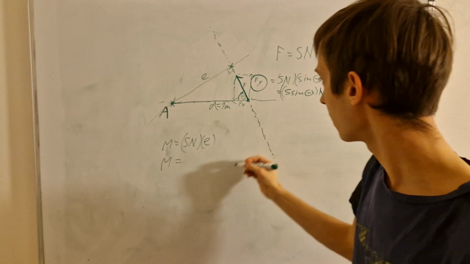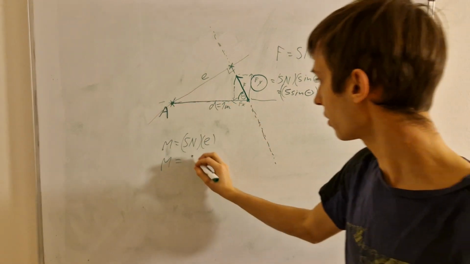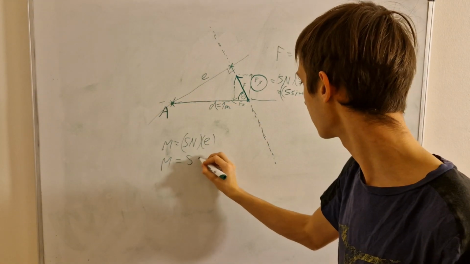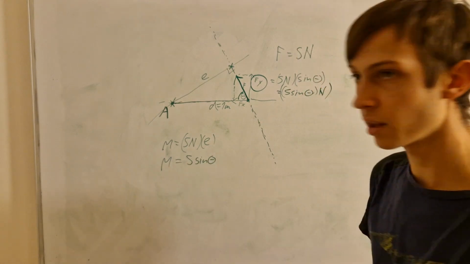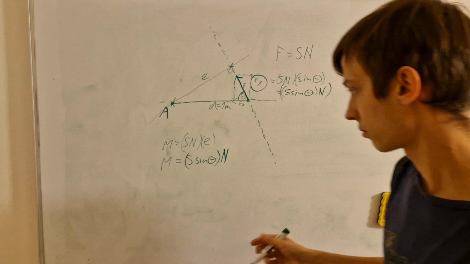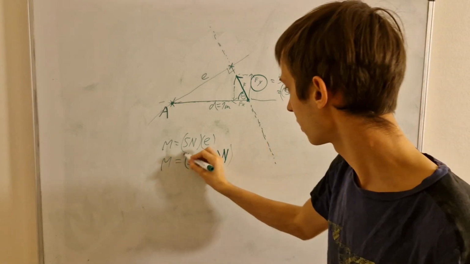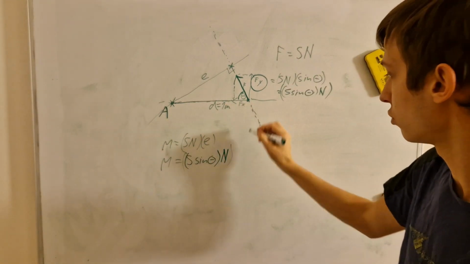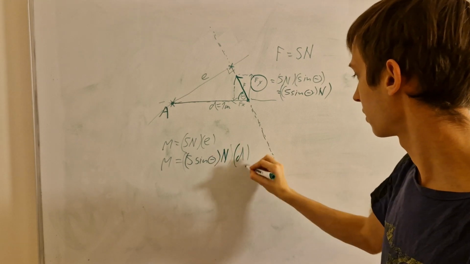So in this case, again, I can just use d, which is 1 meter. So it'll be 5 times sine of theta, which will be a little less than 5 newtons, times not e, but we can just use d, times 1 meter.